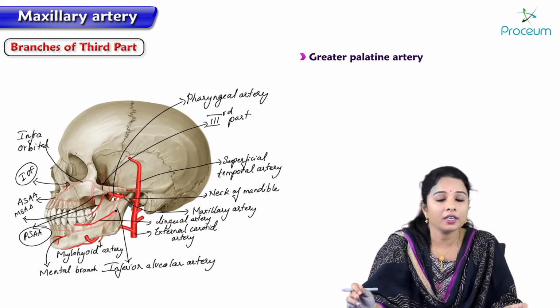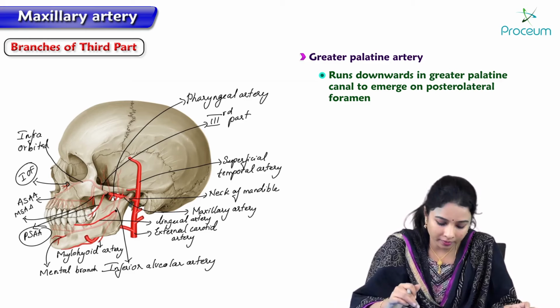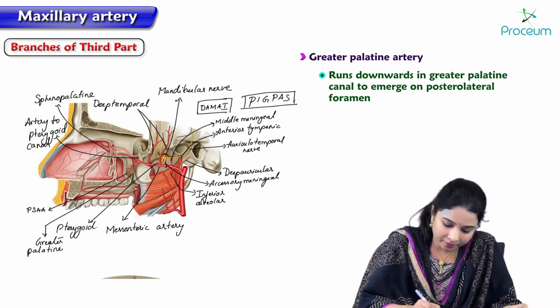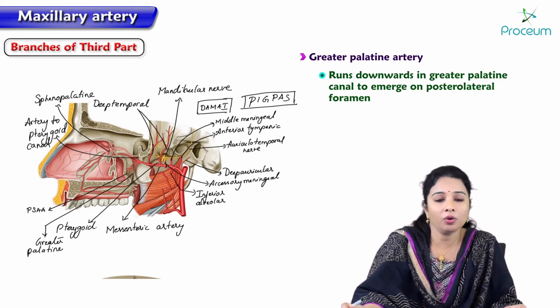So, greater palatine artery runs downwards towards the greater palatine canal and emerges at the greater palatine foramen. In this image we can see the greater palatine artery entering the greater palatine foramen to supply the palate and also the nasal septum and lateral wall of nose.